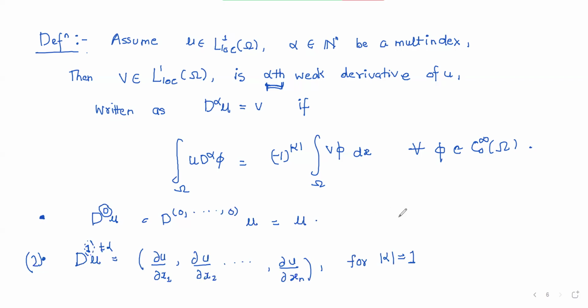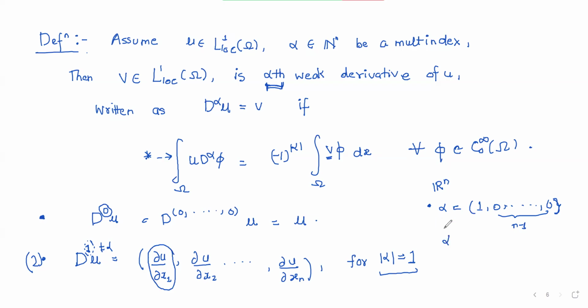So if my mod alpha is equal to 1 in Rn, the first choice, let's say alpha can be 1, 0, 0, sorry, n minus 1 zeros. So for this alpha, I calculated v from this weak derivative formulation, and I call that v as du by dx1.